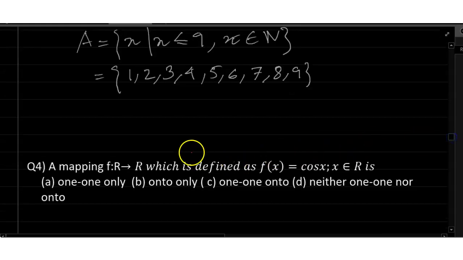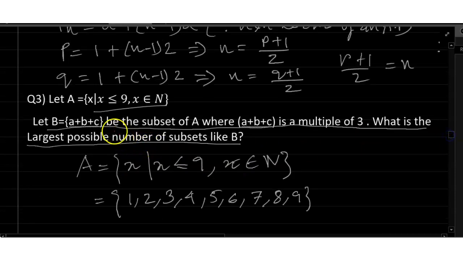This is the value of A. E equals to A plus B plus C, where A plus B plus C is a multiple of 3.